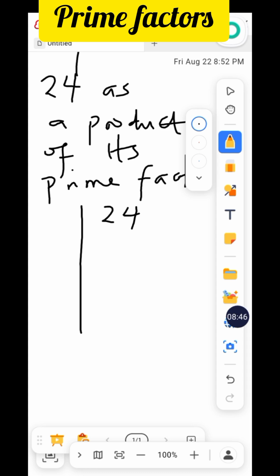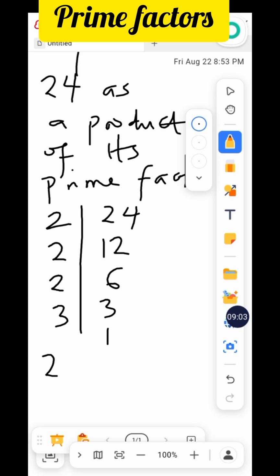You use the smallest prime number that can go. 2 goes in 24, that's 12. 2 goes in 12, that's 6. 2 goes in 6 again, that's 3. 3 goes in 3, that's 1. So our 24 can be written as 2 times 2 times 2 times 3.